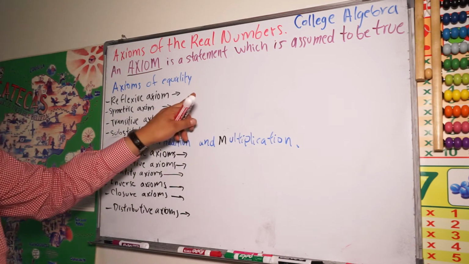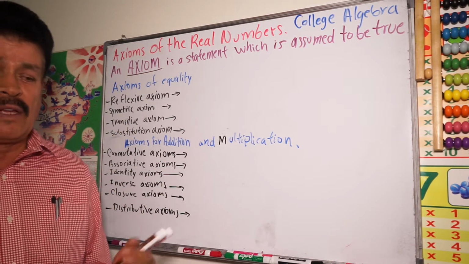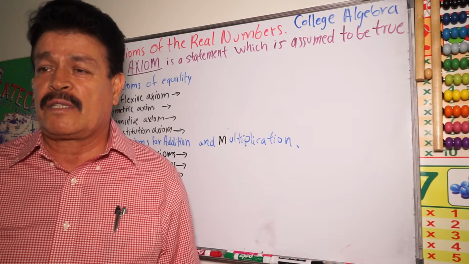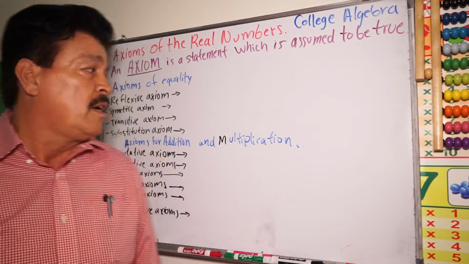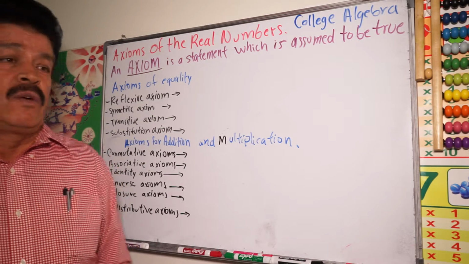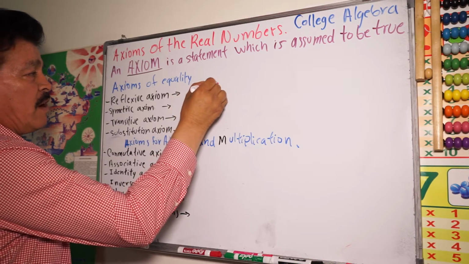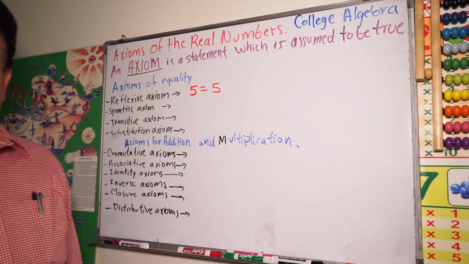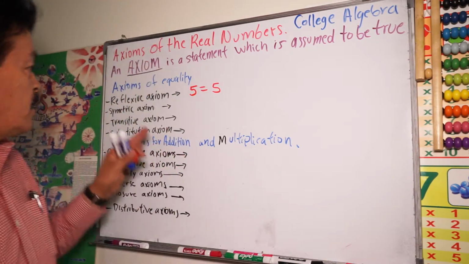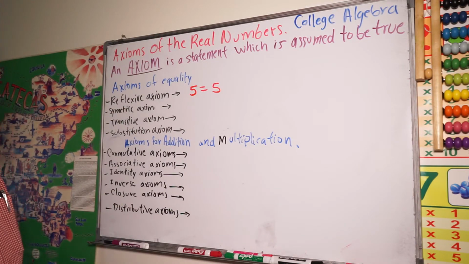Okay, the first one is the reflexive axiom. I'm going to use numbers, not variables, not letters. When you have 5 equals 5, that's one example of the reflexive axiom.